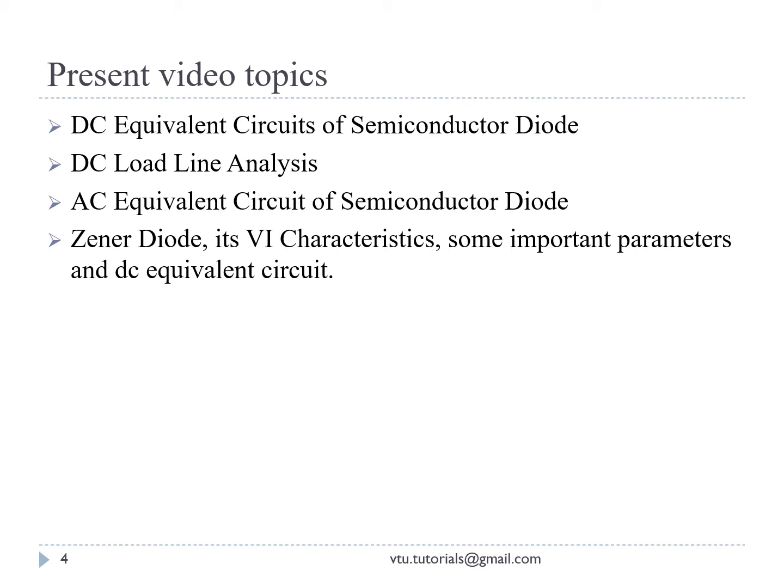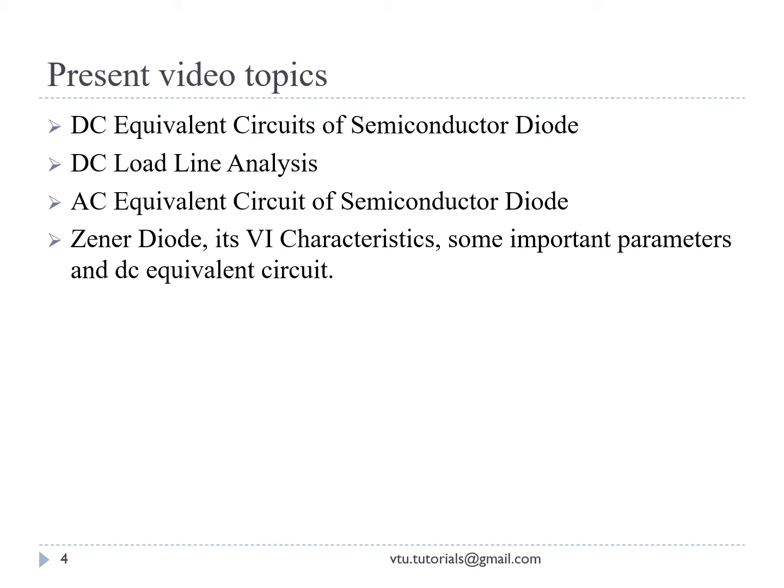Then the DC load line analysis: what it is, why we use it, and how to determine some of the parameters using it. Next, the AC equivalent circuit and the Zener diode in brief, with its VI characteristics and some parameters that are essential for your further consideration of the topics.